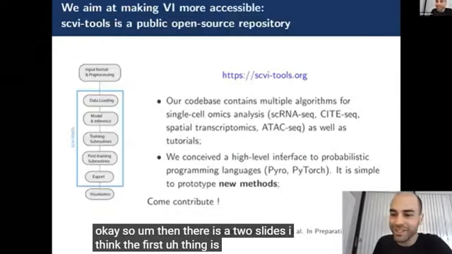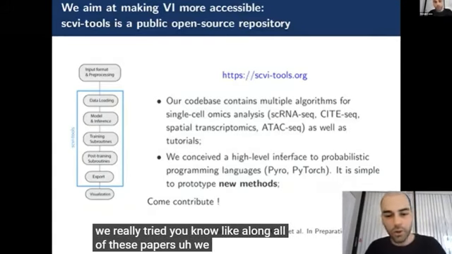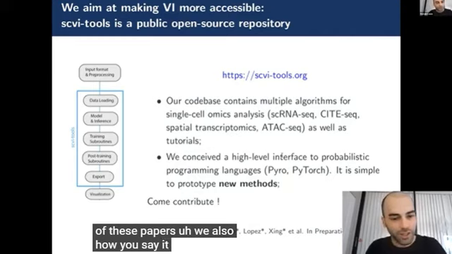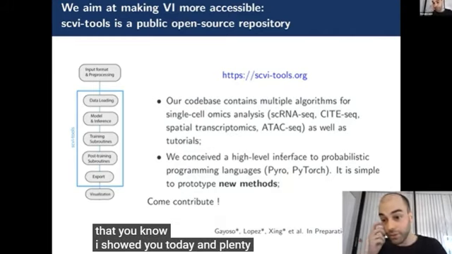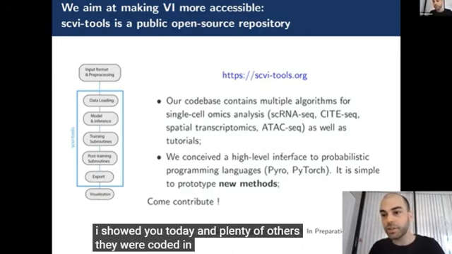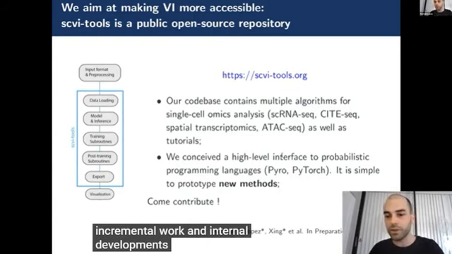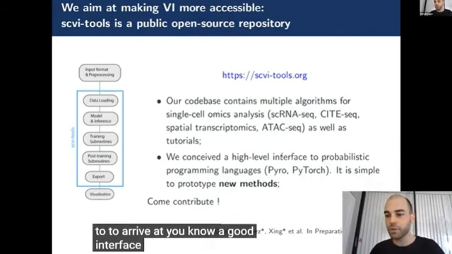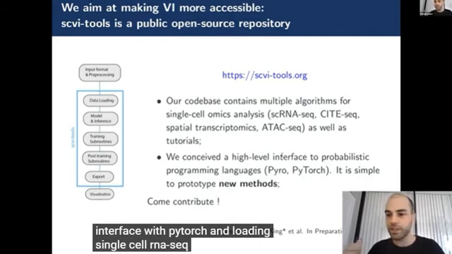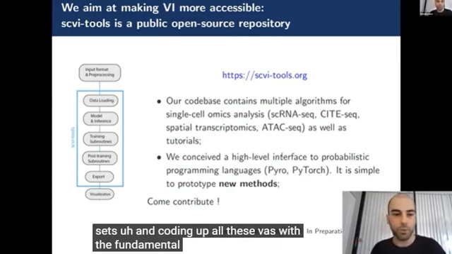I think the first thing is, along all of these papers, all of the algorithms that I showed you today and plenty of others were coded in the same code base, which means that we really tried to do incremental work and internal developments in the lab to arrive at a good interface with PyTorch, loading single-cell RNA-seq data sets and coding up all these VAEs with the fundamental modules.